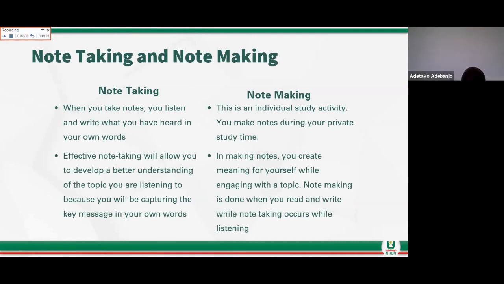But in a case where you are making notes, you create minutes for yourself while you're engaging with the topic, when you are reading or writing, in order to elaborate. You are trying to say, okay, these things I can give more.